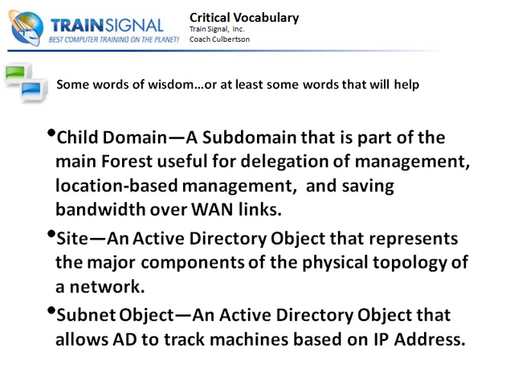And last but not least, we did do a subnet object too, right? And that's an Active Directory object that allows AD to track machines based on their IP address. And we saw an instance of that whenever we created our new child domain based upon the IP address of the machine and the fact that it fit in the subnet that we had established. It automatically put our NADC1 into the Chicago site.